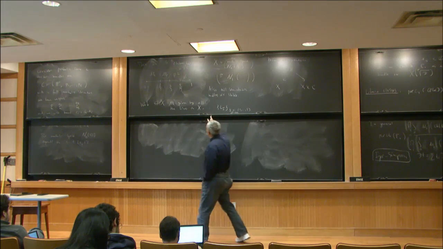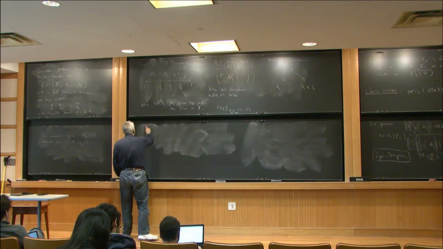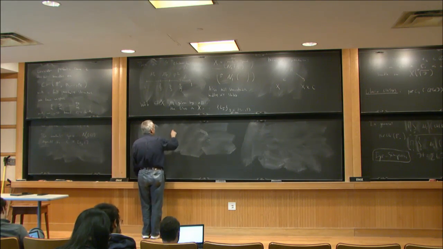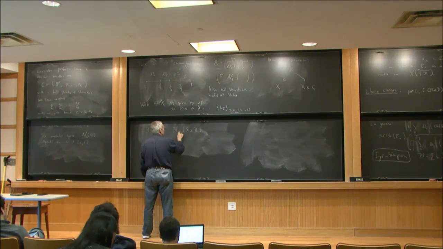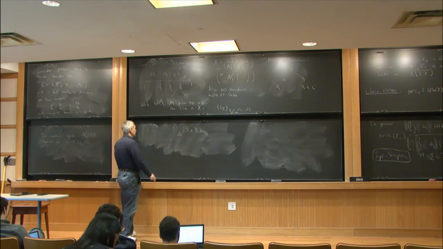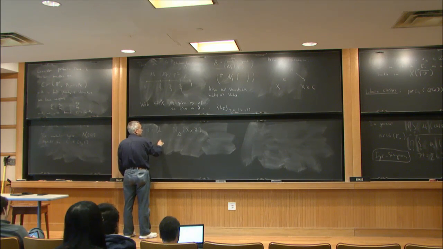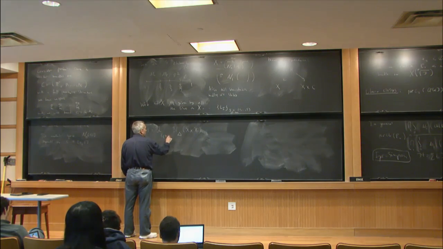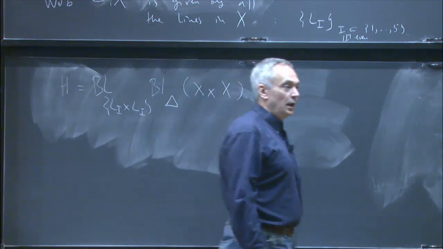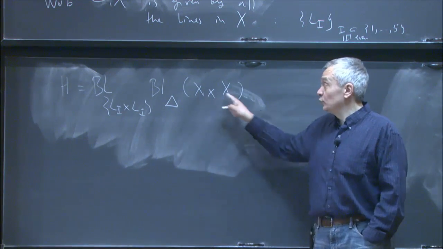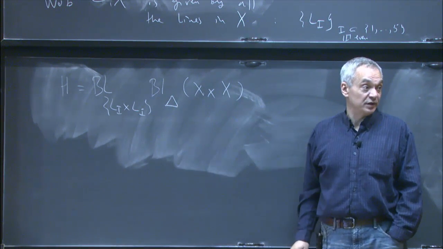And yeah, so the Hecke correspondence is given by blowing up X cross X in the diagonal, and then blowing up the strict transforms of the lines, line cross line. It doesn't matter in what order, because once you blow up the diagonal, line cross lines becomes disjoint.